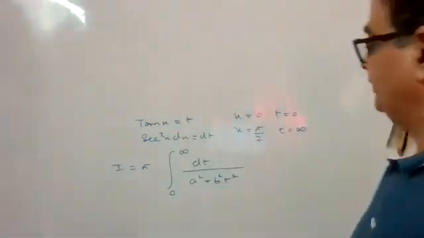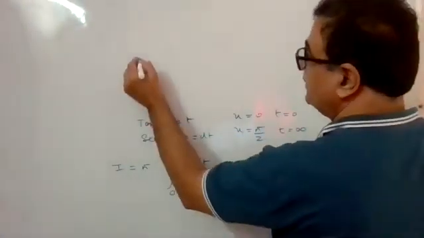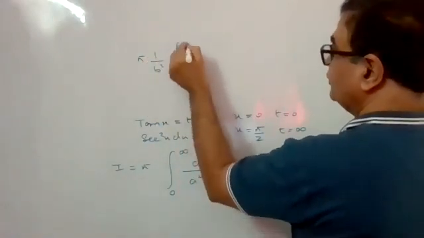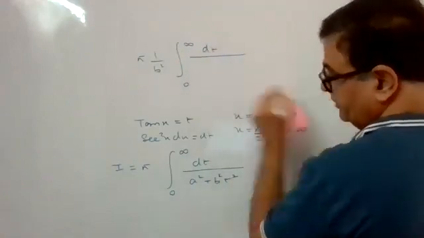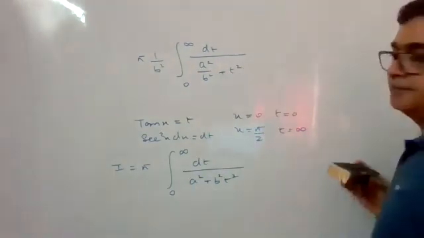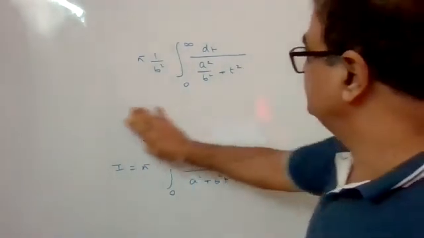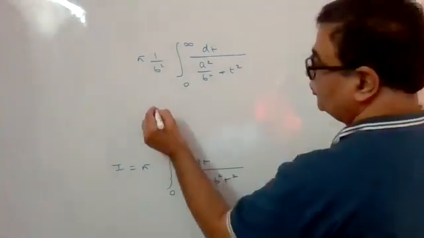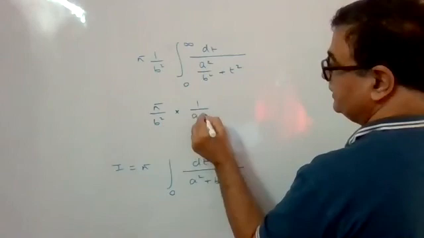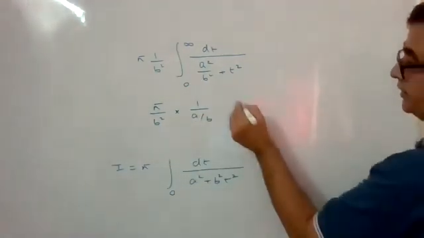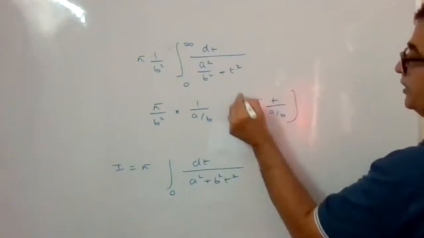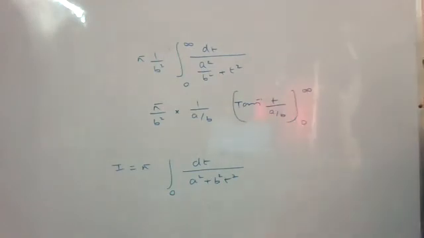Now we can integrate it. Simply b square we will take common first, so pi times 1 by b square common, left is the integral from 0 to infinity of dt by a square by b square plus t square. Then it comes out to be pi by b square into 1 by a by b, which is tan inverse of t over a by b, with the limit going from 0 to infinity.